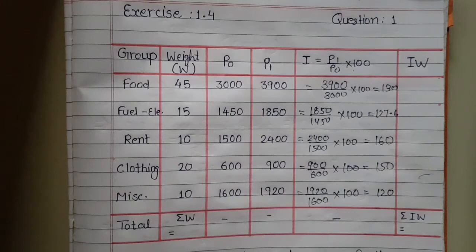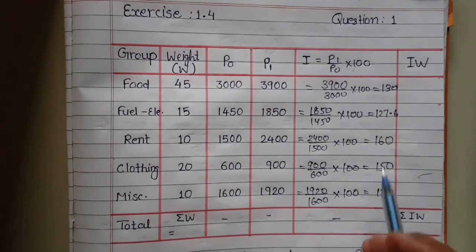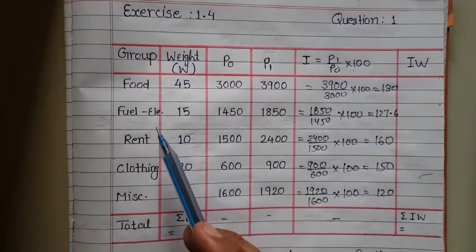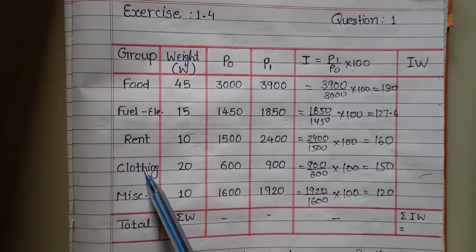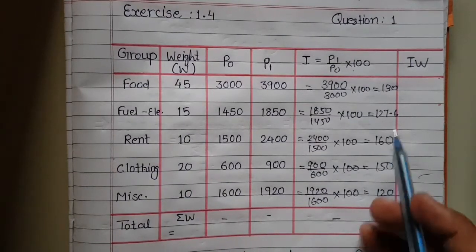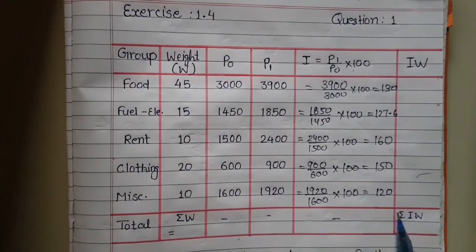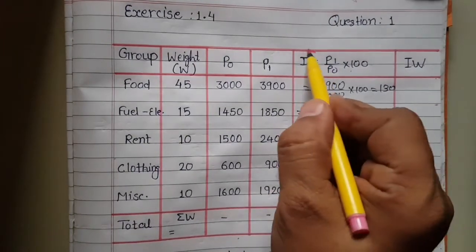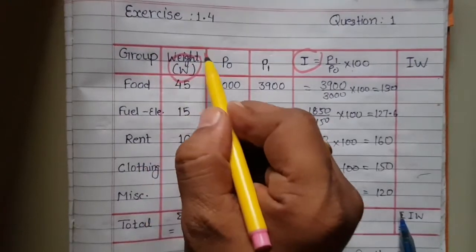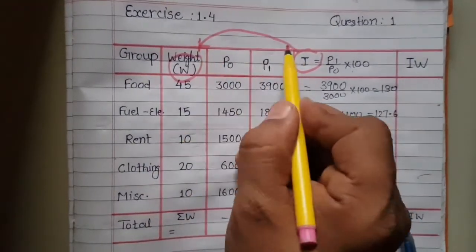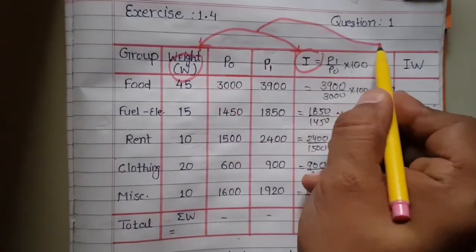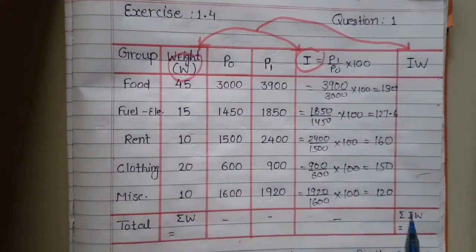So you can see friends, I have found all the index numbers for food, fuel, rent, clothing and miscellaneous. Now I need I and W's multiplication. So you can see here I have I and here I have W. So I will multiply both these columns and I will get IW.